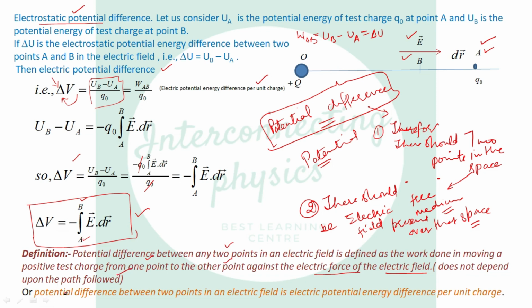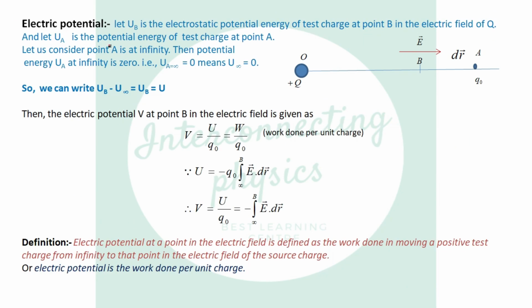Or in simple language, it is the electrostatic potential energy difference per unit charge, or work done in bringing the charge from point A to B divided by test charge.